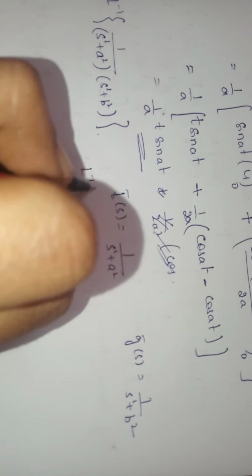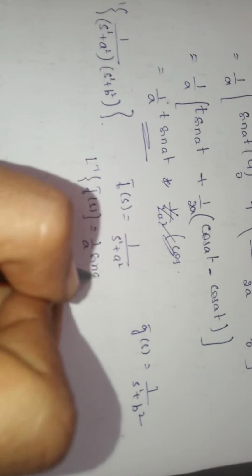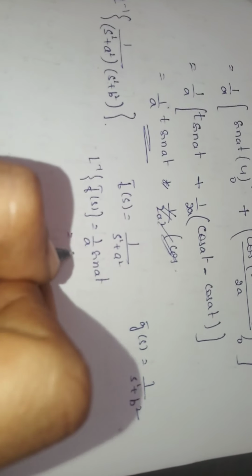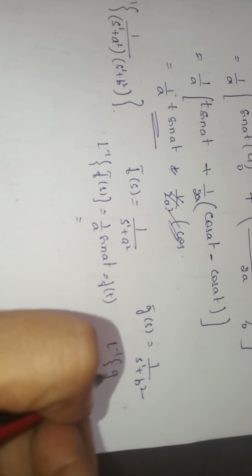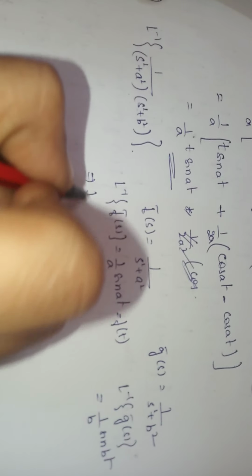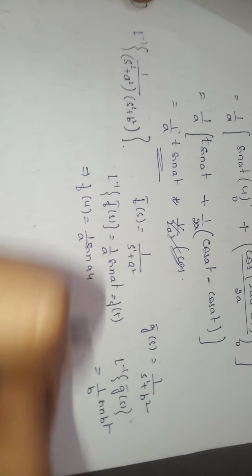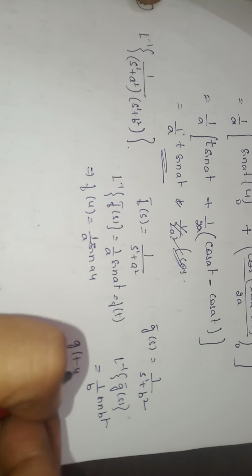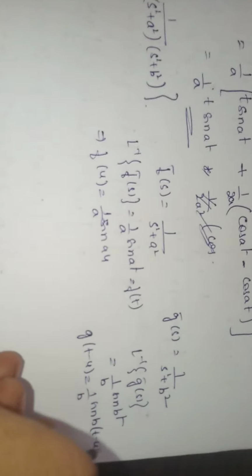So your Laplace inverse of f bar of s is 1 by a sin at. This is your f of t. And Laplace inverse of g bar of s will be equal to 1 by b sin bt. So from here your f of u is nothing but 1 by a sin au, and g of t minus u is 1 by b sin of b into (t minus u).